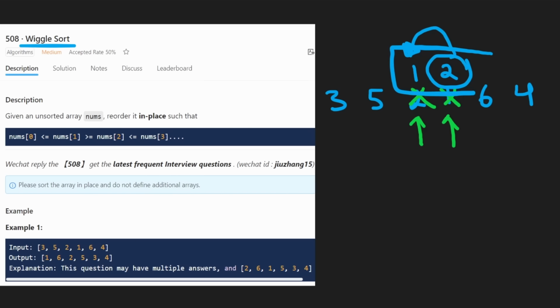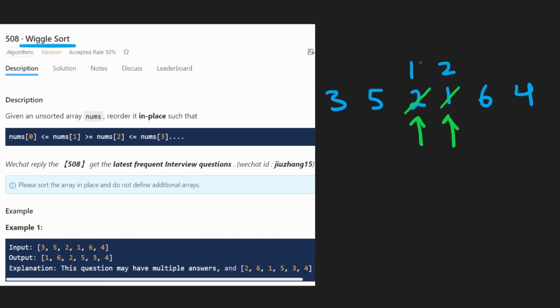So these two values are good, but did we mess anything up over here? And my argument is that we definitely did not. Let me show you why. We just want to make sure that this value is less than or equal to this one. So how do we know that that's still going to be the case even after we just did the swap? Well, take a look beforehand. We had a 2 and we had a 1.